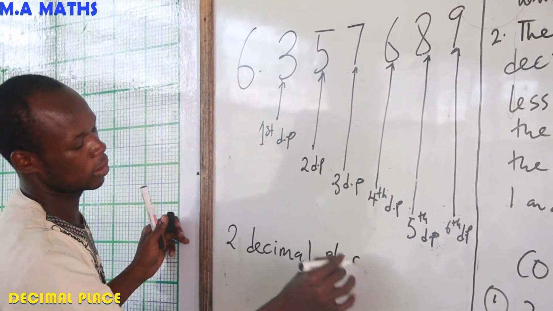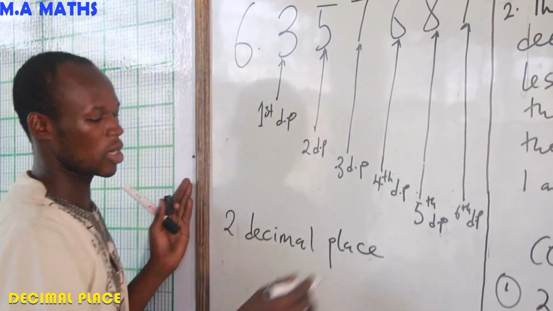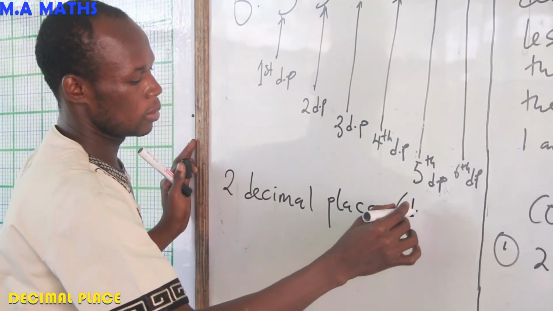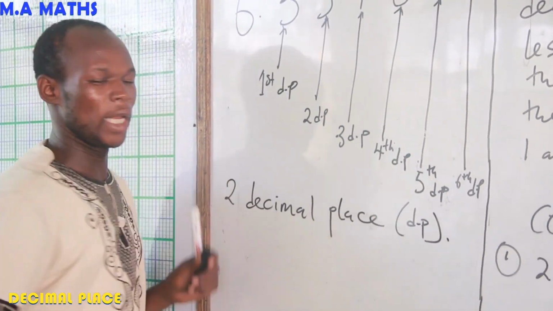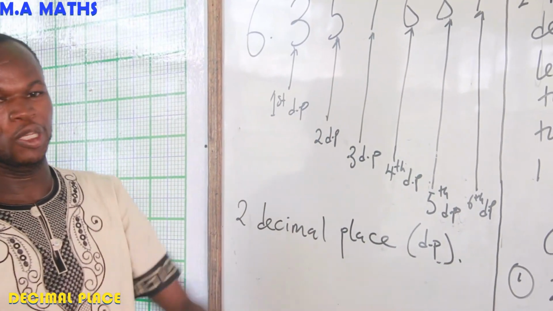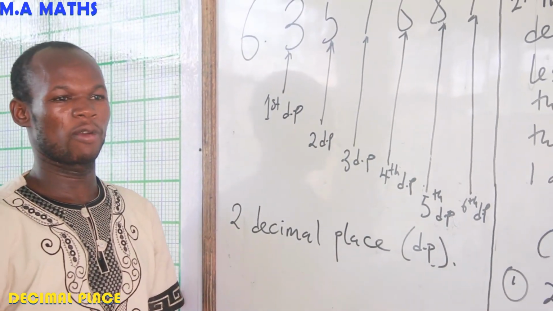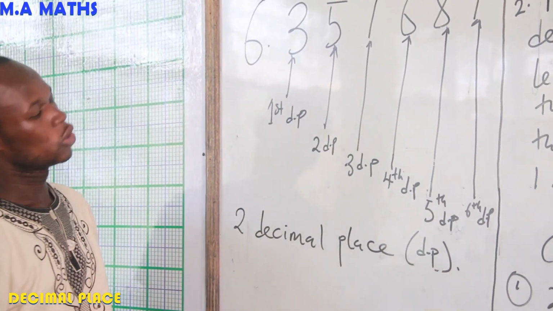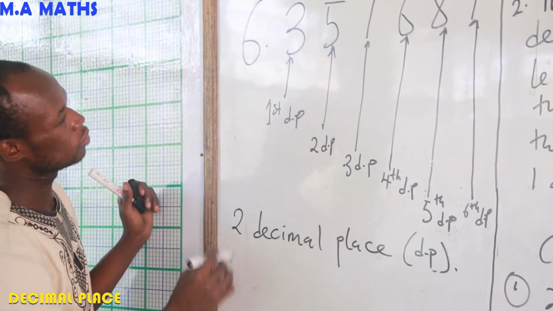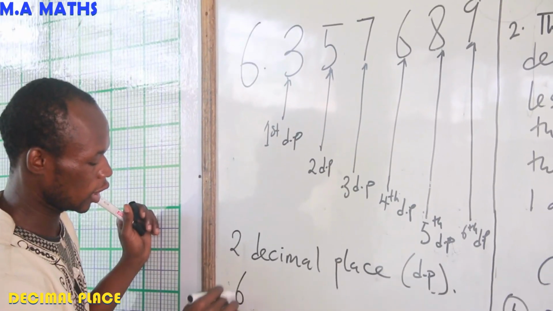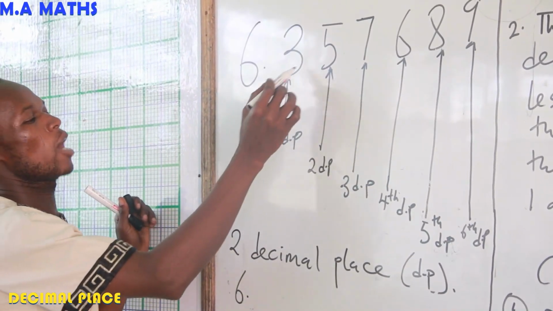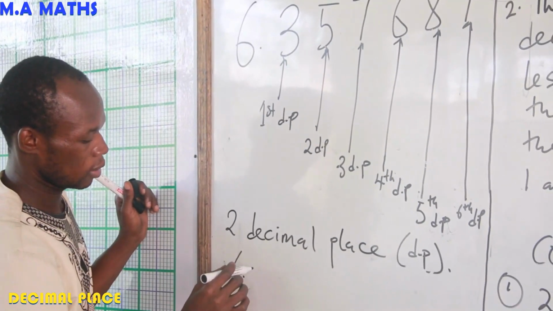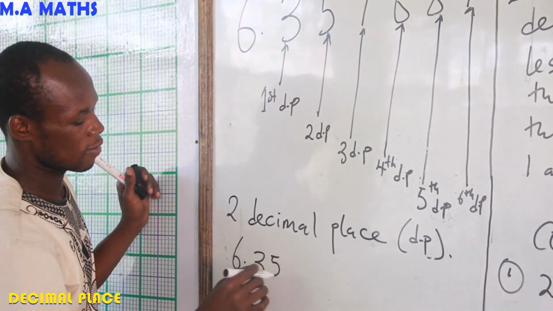A decimal place can be summarized as D.P., the short form of decimal place. So if I ask you to write this in 2 decimal places, you have 6 point, you count 1, 2. That gives 3, 5.